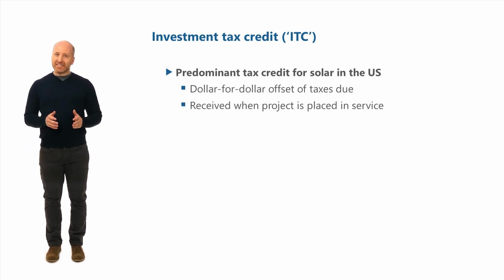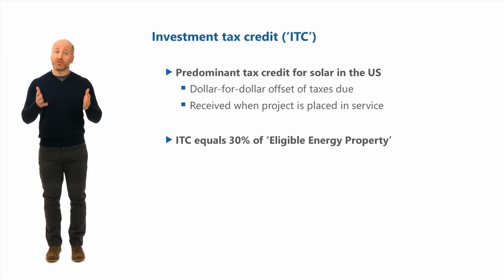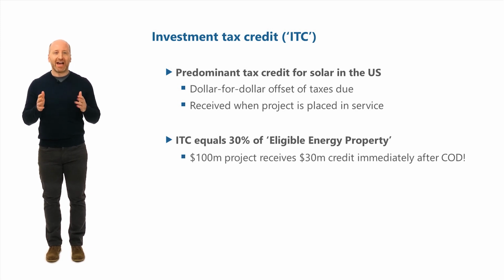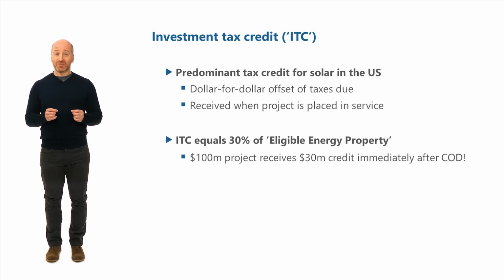The amount of the ITC equals 30% of the eligible energy property. So if my project has $100 million of eligible property, I would receive a $30 million tax credit immediately after the commercial operations date, or maybe more precisely, in the first quarter in which I pay estimated taxes after the project is placed in service.